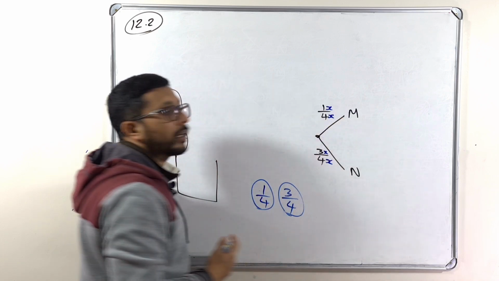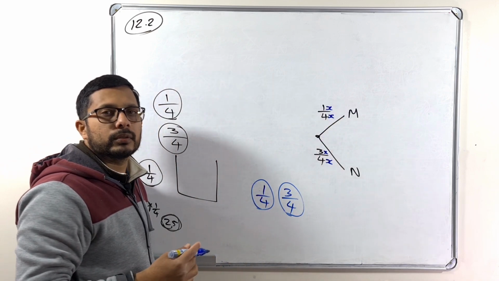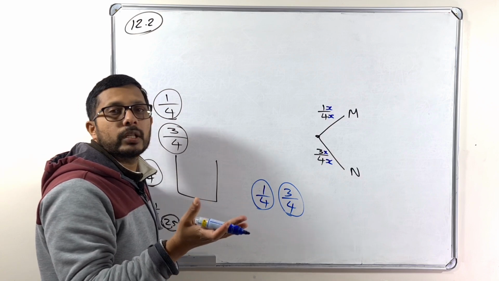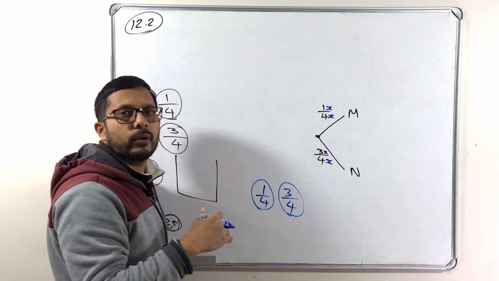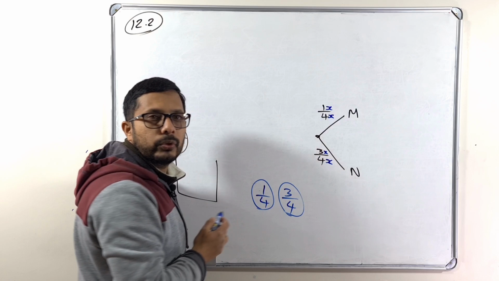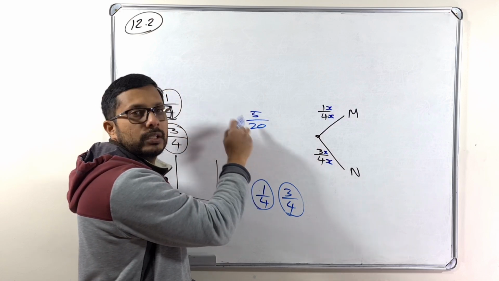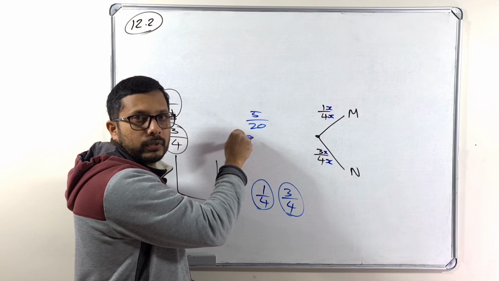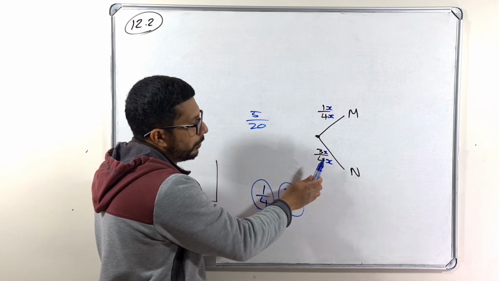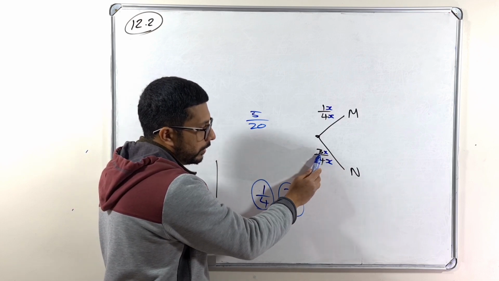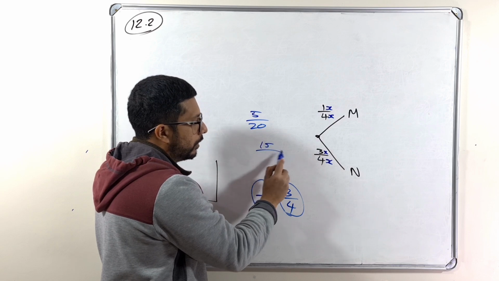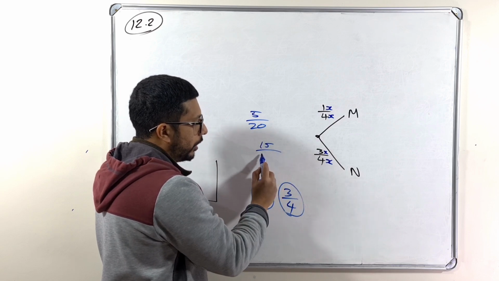That means if there are 5 mystery boxes, then the total is 4 times 5, 20 boxes. So it is 5 divided by 20. You can see that it is a 1 by 4 ratio. If there are 5 normal boxes, then 3 times 5 is 15 and 4 times 5 is 20.